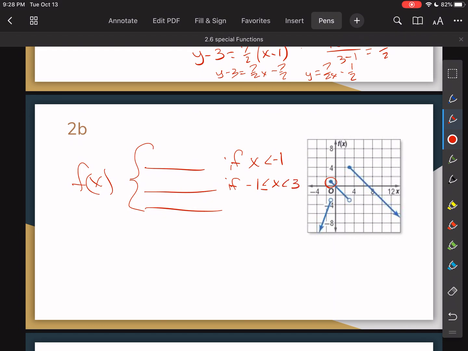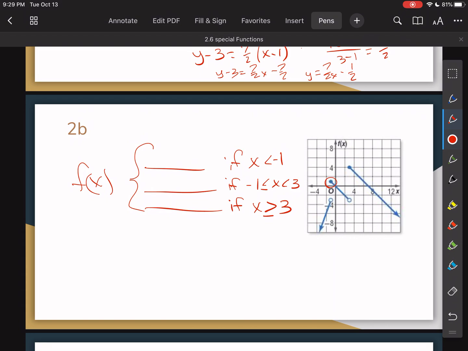And then the final one, it is inclusive, would be if x is greater than 3, and we include that one. Sometimes that's the hardest part, just coming up with the domain. I think it's kind of easy, but for some people that's difficult. It's just identifying the x values and where those things happen.